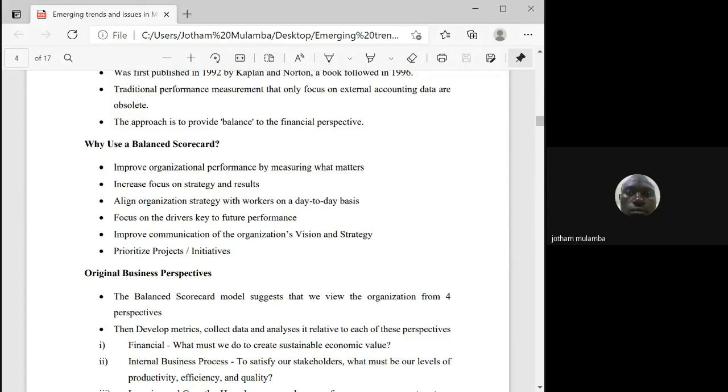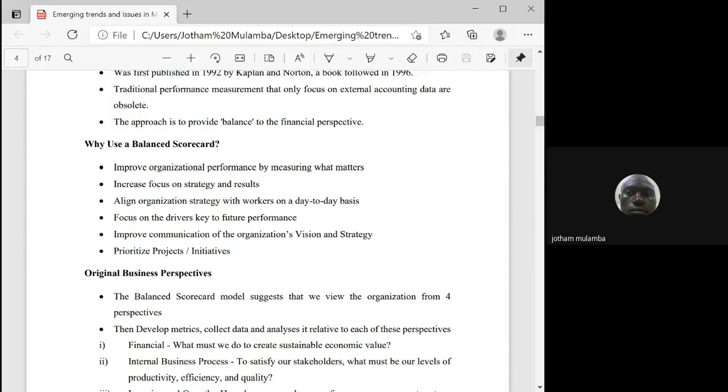Or a lecturer misses class because he had to attend to an assignment given by the management, yet there was somebody who would have done such an activity. Now when we have a balanced scorecard, the lecturer will only look at the areas they are supposed to focus on. So we can improve the performance of our organization.